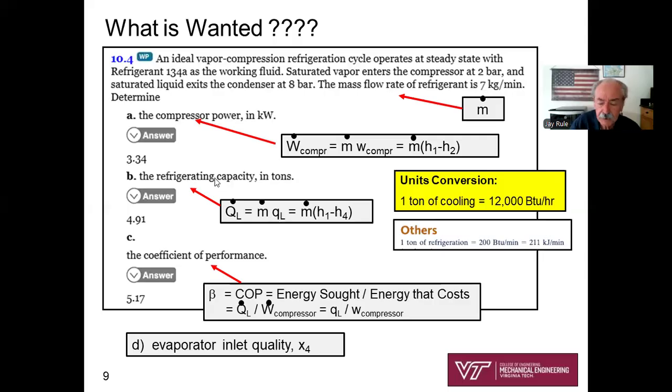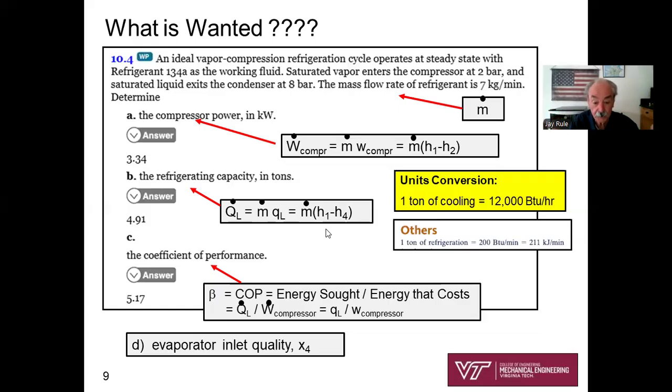Okay, refrigeration capacity, how are we going to get that? Well, we're looking for Q dot, capital Q dot. We're going to calculate Q_L. We're going to apply the first law to show that Q_L is h1 minus h4. You don't want to blindly accept a formula from the solution. That would be a bad move.